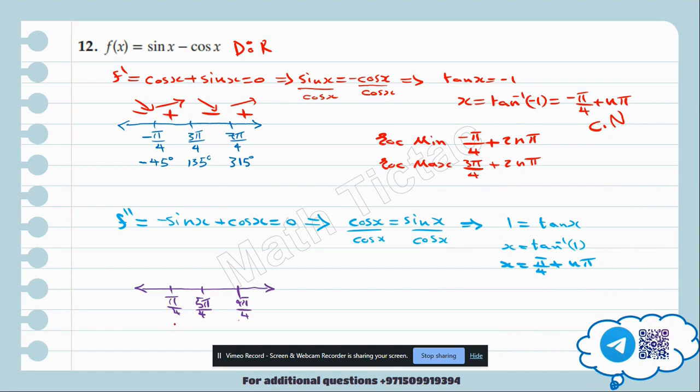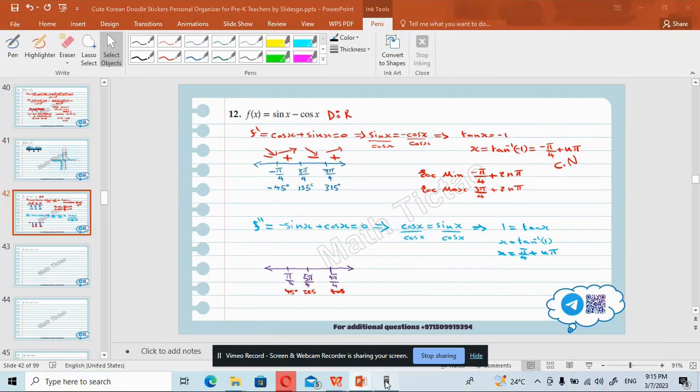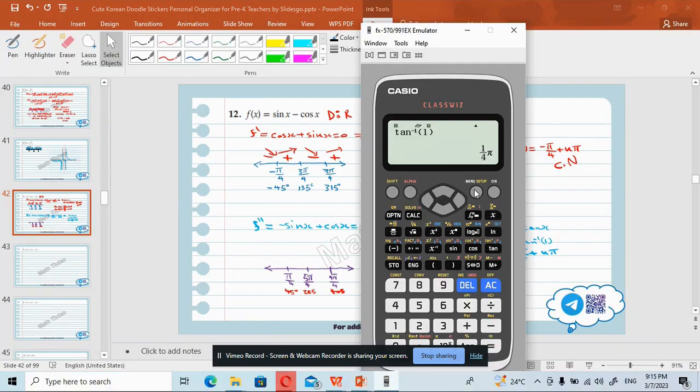So pi over 4 is 45 degrees. 5 pi over 4, multiplied by 180 over pi, is equal to 225, and 9 pi over 4 is equal to 405. So in here, let's calculate the value. Shift menu, angle unit, degrees.